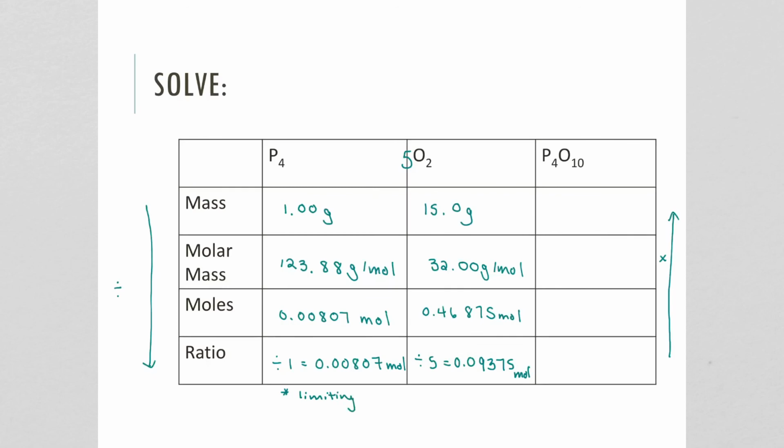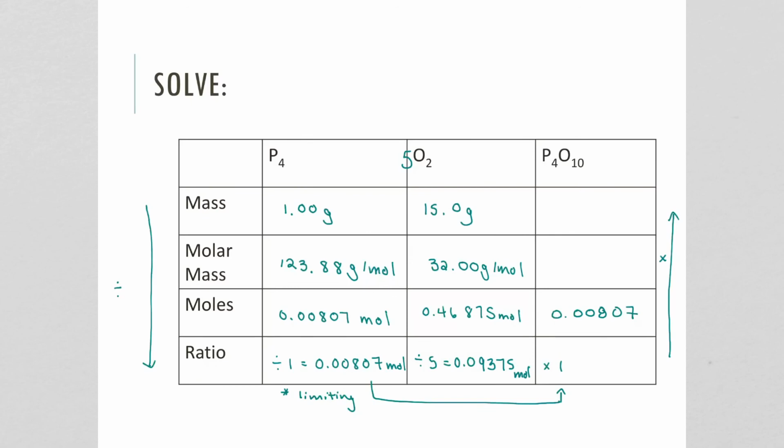So we're going to carry this over. So we've already divided by 1. We would multiply by the coefficient of 1. So the number of moles of P4O10 is 0.00807. Now we need to find the molar mass.